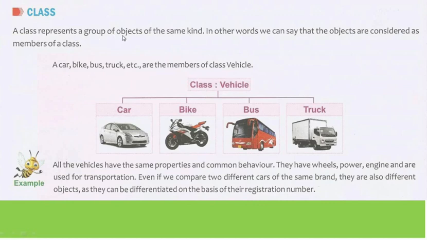A class represents a group of these real world objects, of the same kind. For example, car is an object, bike is an object, bus is an object, truck is an object. What is common between all these things? Aren't these all vehicles? Yes or no? So we can say that car, bike, bus, truck, etc. are all members of the class vehicle.